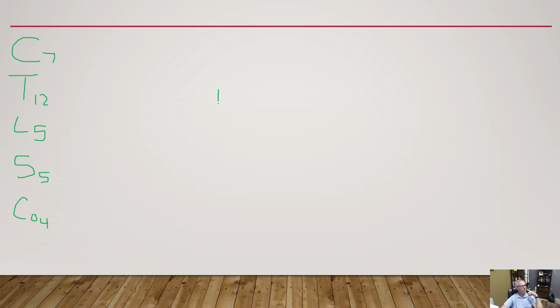So I'll start out with the thoracics. We have T1, T2, T3, T4, T5, T6, T7, T8, T9, T10, T11, T12. For thoracics, your T1 spinal nerve shoots out underneath your T1 vertebra. Your T2 spinal nerve shoots out underneath your T2 vertebra.